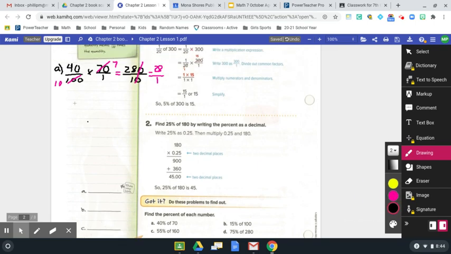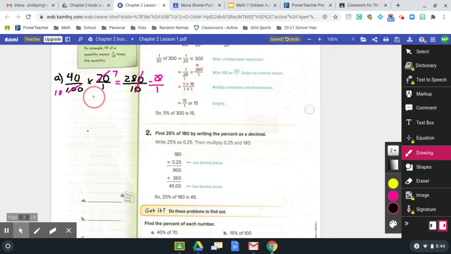Let's try the second way. So I'm going to write or. Let's do the decimal. So if I do the decimal, I'm going to take 0.40, 40 hundredths, times, and remember we're doing 40% of 70, times 70.